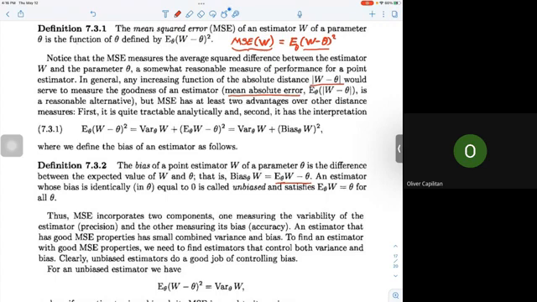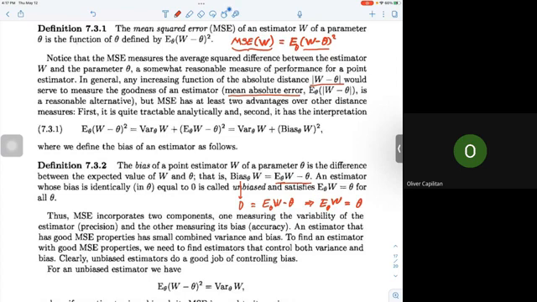So if the bias is identically equal to 0, okay, kung ito equal to 0, so the expectation minus theta equals 0, this would imply that the mean of our estimator W will be equal to our parameter theta.